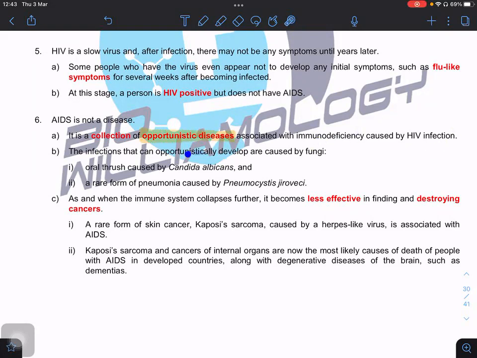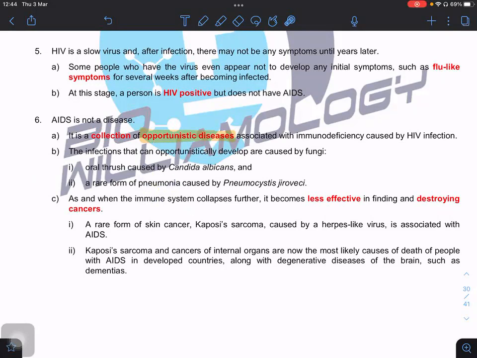For example, Candida albicans causes candidiasis, and Pneumocystis jirovecii causes pneumonia. Those are actually no problem for us, because we have the immune system to get rid of them. But because the helper T cells lack function, you can see that they have oral thrush and a rare form of pneumonia.